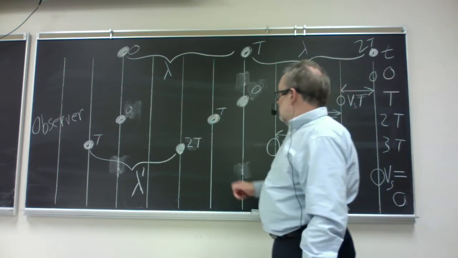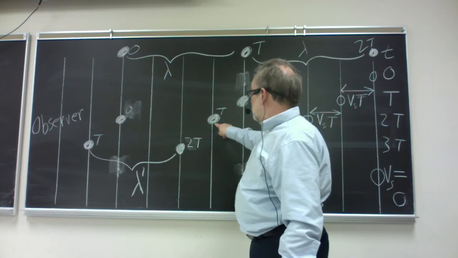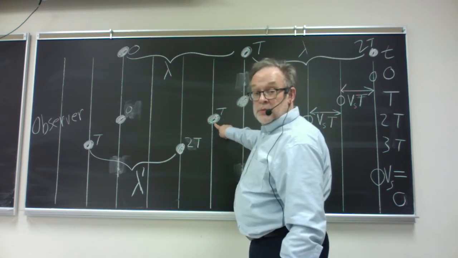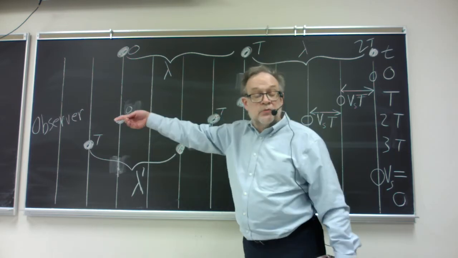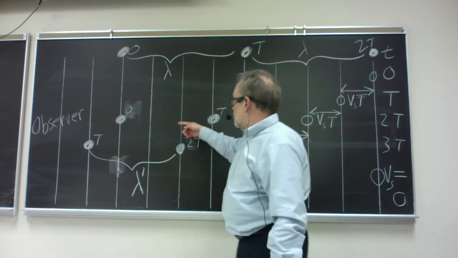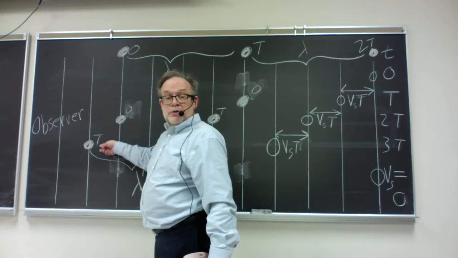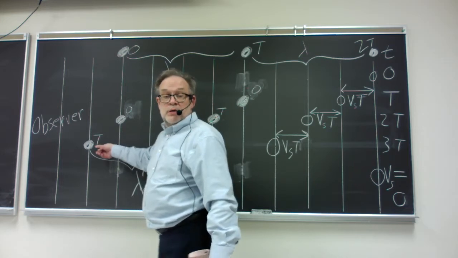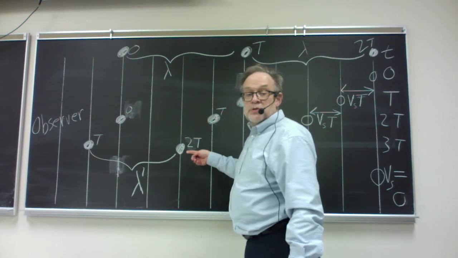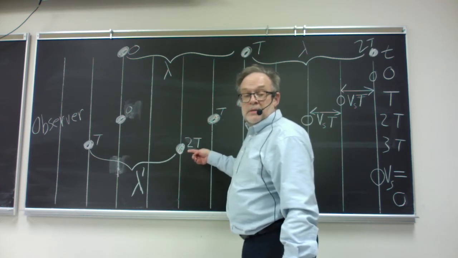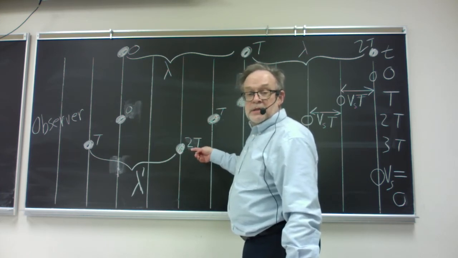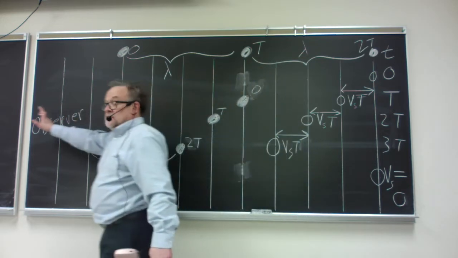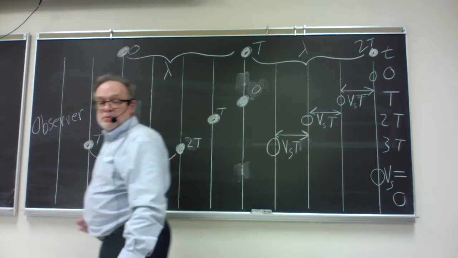So the t pulse was here at 2t, and then at time 3t, it'll be 4 steps farther down. 1, 2, 3, 4. So here's where the pulse t is at time 3t. Here's where pulse 2t is at time 3t, and pulse 0 has now gone past the observer.